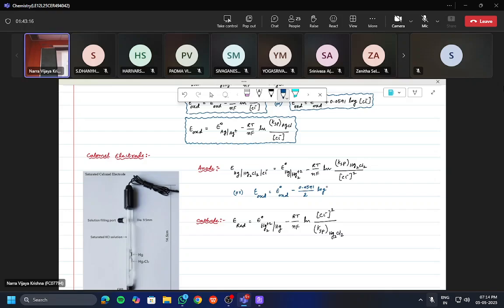Now I will not write KSP; 1 upon Cl minus square. So can I write plus log Cl minus square? Log Cl minus square can be written as 2 log Cl minus, and this denominator 2 is gone. So what you got? Directly plus 0.0591. Check whether they gave this equation or not. Both are the same or not?